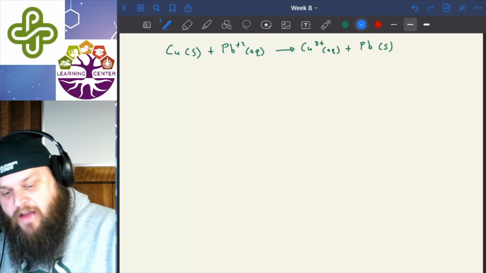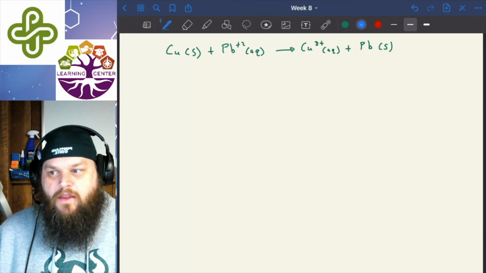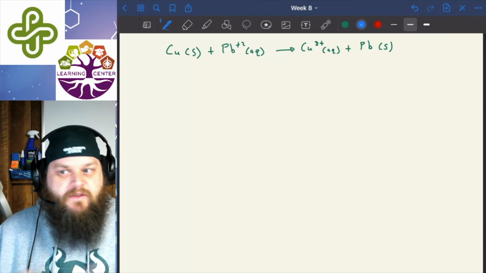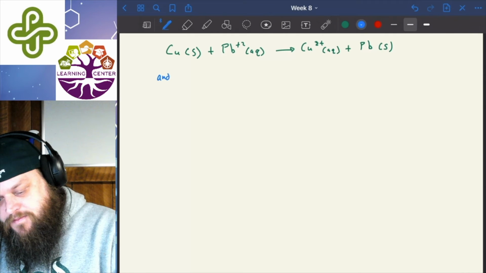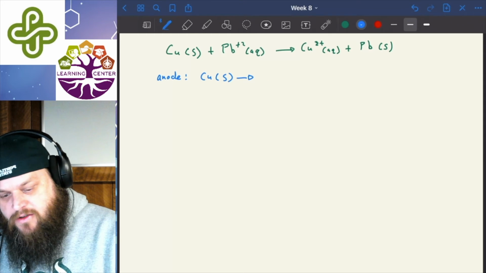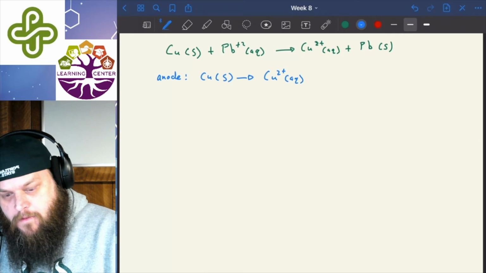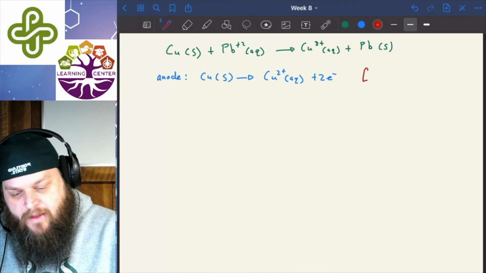And we can write out our half reactions. Again, our anode is still going to be the oxidation reaction, the one that's losing its electrons. So that's still the copper. So this part of the reaction really hasn't changed, and it's going to have that same electric potential.